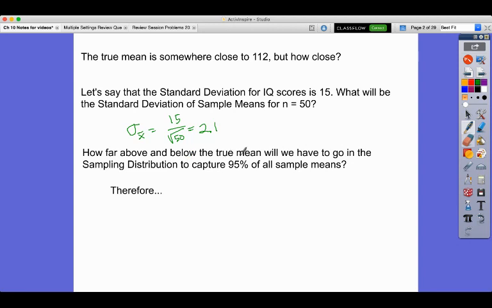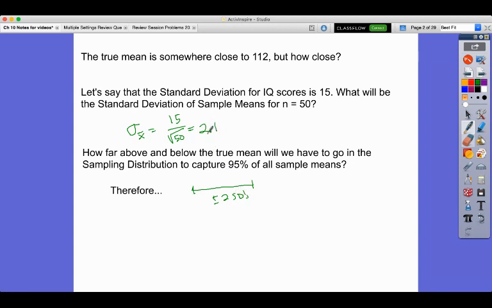How far above and below the true mean would we have to go in this sampling distribution to capture 95% of all sample means? Well, we know that the middle 95% is plus or minus 2 standard deviations.